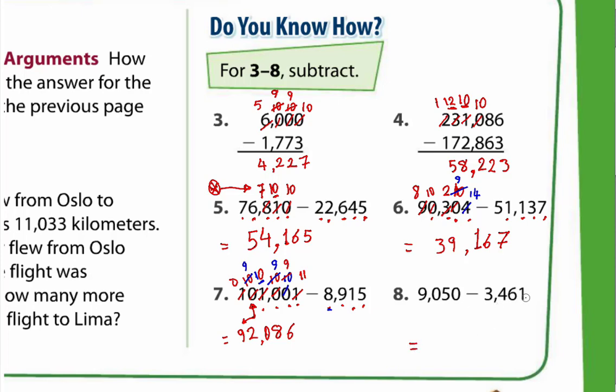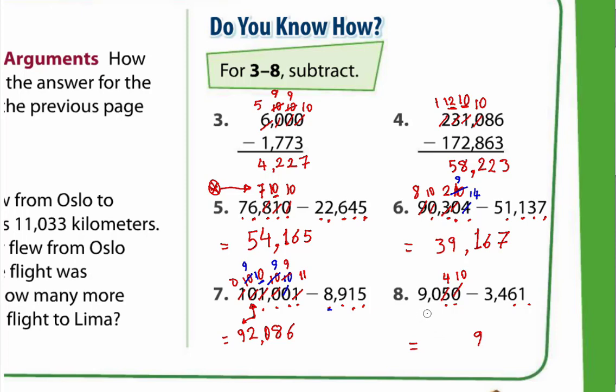0 minus 1 cannot be. We borrow from the 5, it will be 4. You didn't finish the borrow. You borrowed 1 from the 5. Now give it to the 0. 10. It will be 9. 4 minus 6 can't be.